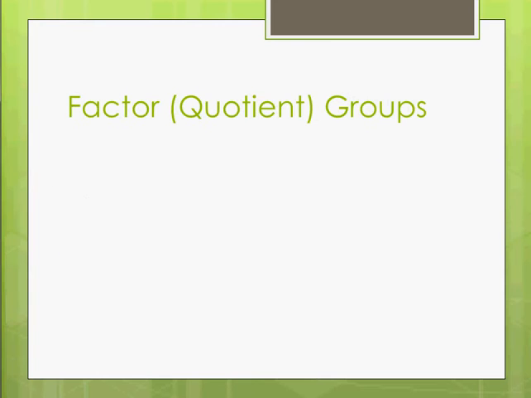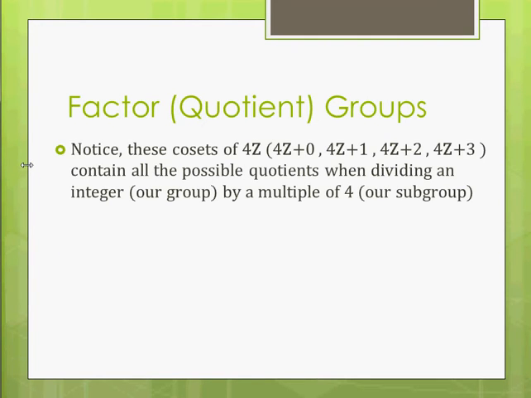So just remember that. Factor groups are also called quotient groups, by the way. Notice that all these cosets contain all the possible quotients when dividing by 4. At first it seems like, okay, we just call it factor groups, I have no idea why, or quotient groups. But if you think about the word quotient, it kind of makes sense.